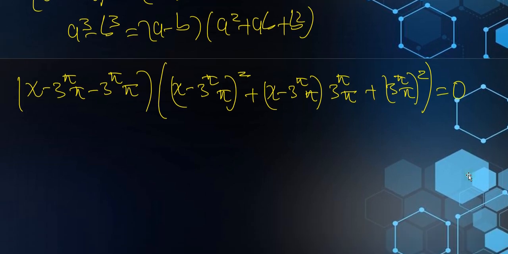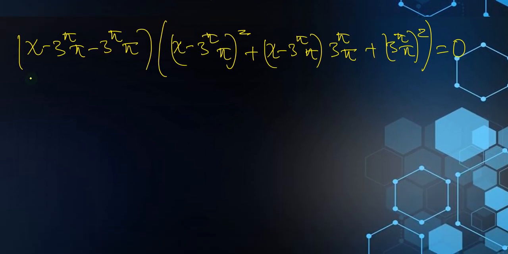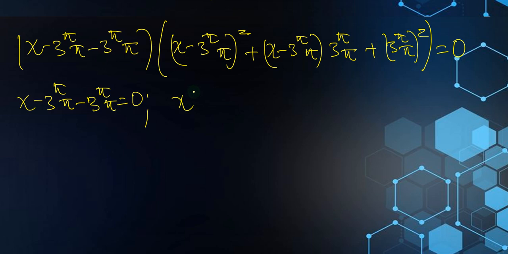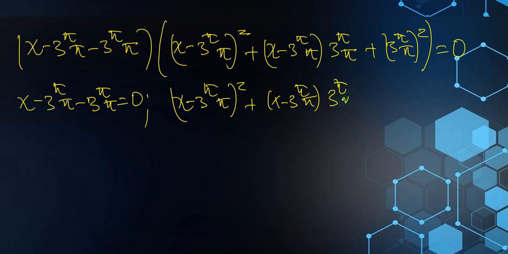Okay guys, so from here we have that x minus 3 to the pi times pi minus 3 to the pi times pi equals 0, and now this one also equals 0: x minus 3 to the pi times pi squared plus 3 to the pi times pi squared equals 0.